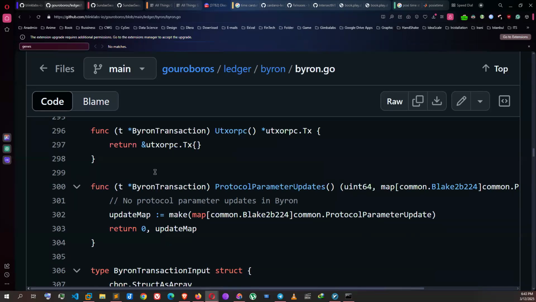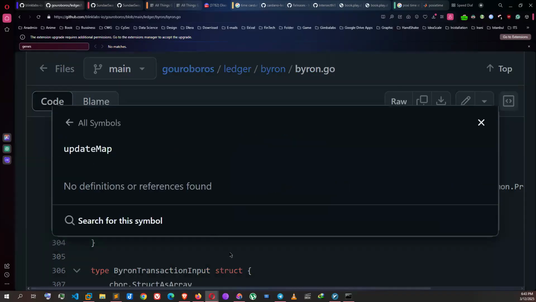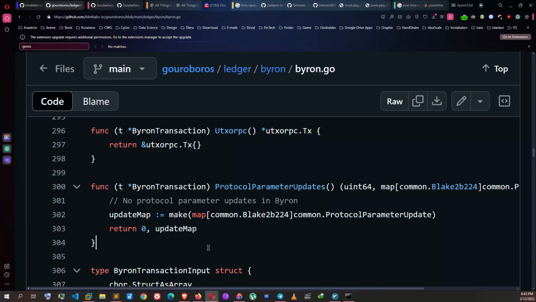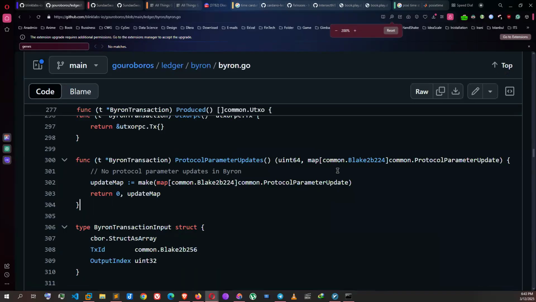Yeah, so we actually read the node config. Oh no, that's the Cardano node config. Let's see. So yeah, we read the config files in Dingo, but we create Byron Genesis types. So how do we create a Byron Genesis type?